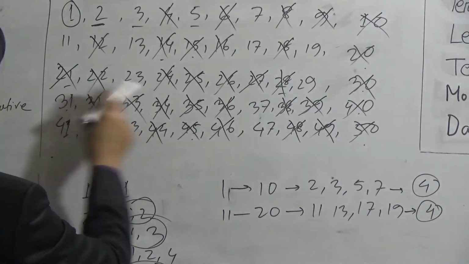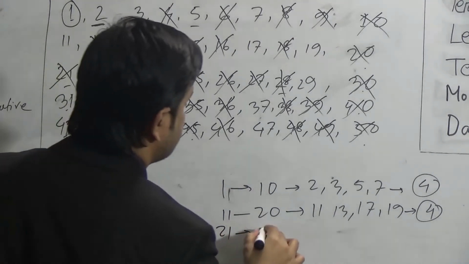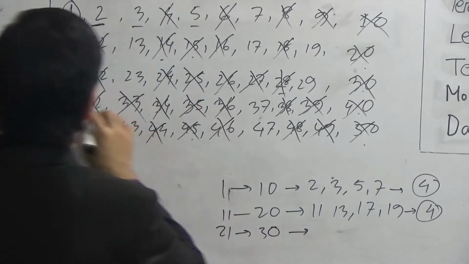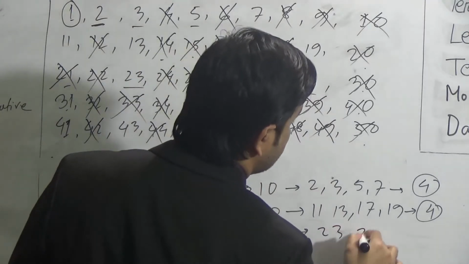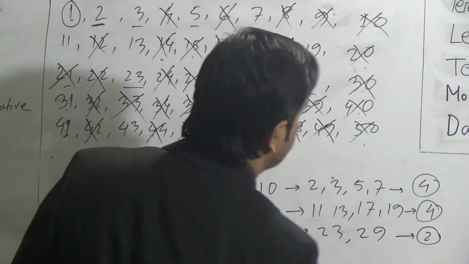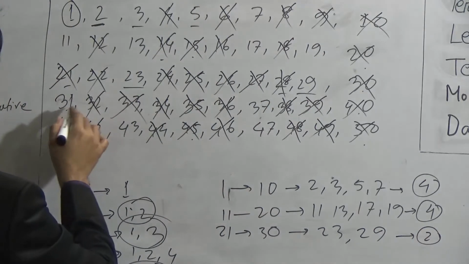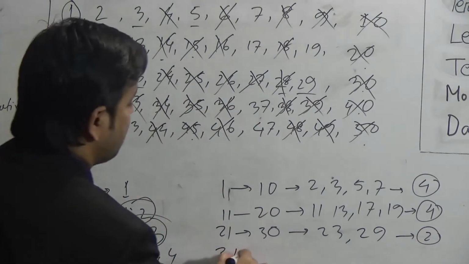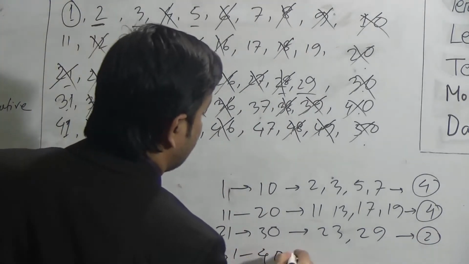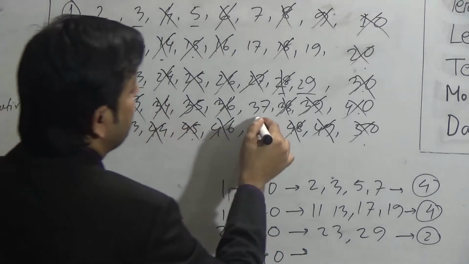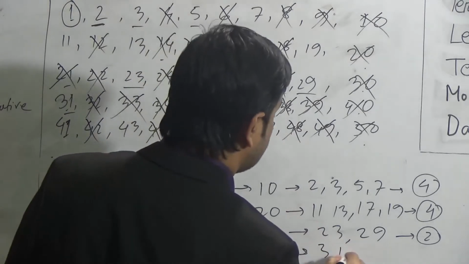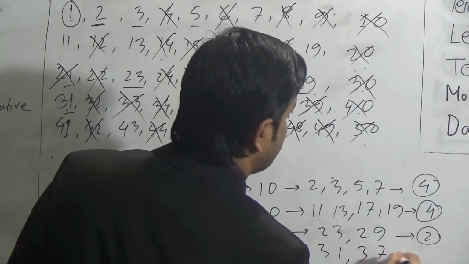From 21 to 30, how many prime numbers will you get? 23 and 29. So 2 prime numbers you will get. And from 31 to 40, how many prime numbers will you get here? 1, 2. That is 31 and 37.